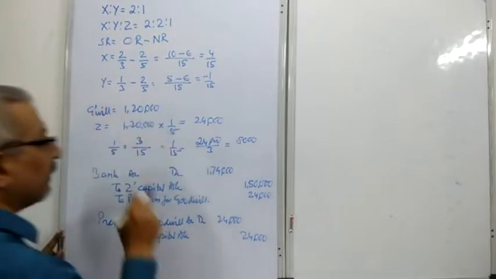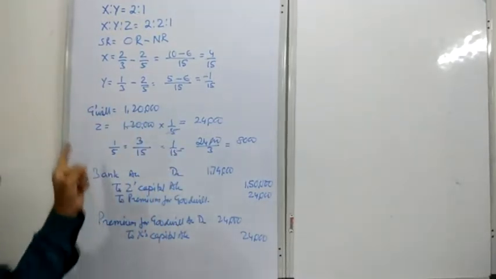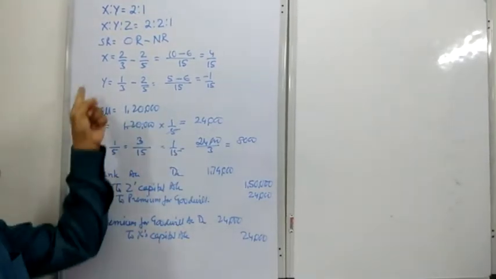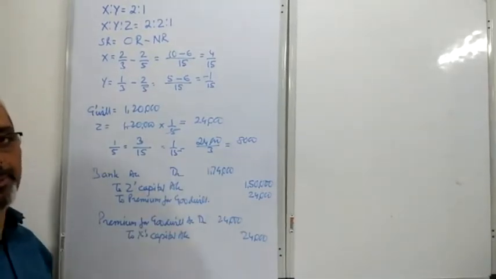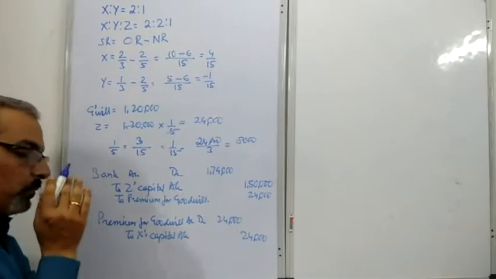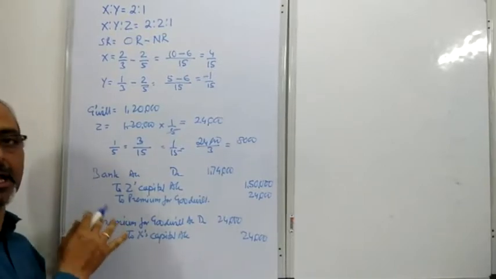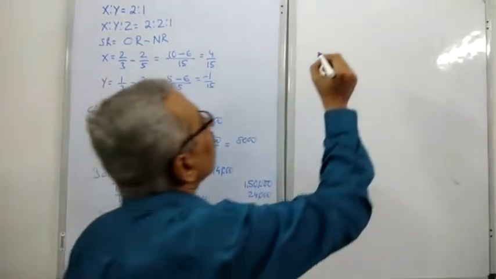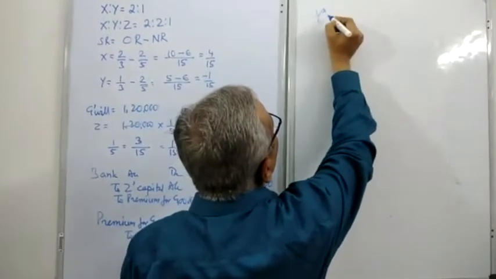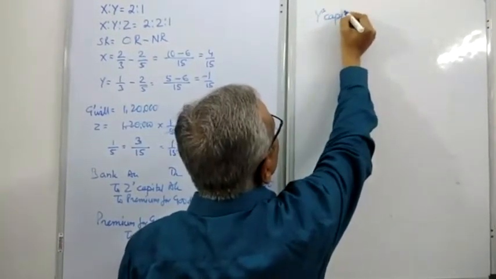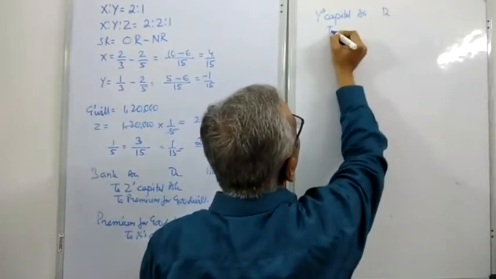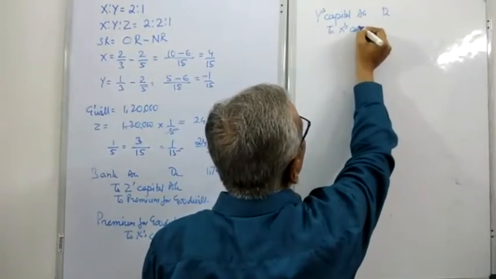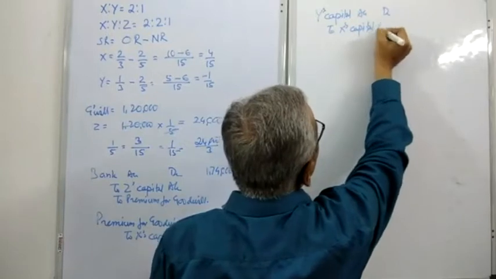and we have come to this information that due to the admission of Z, Y has also gained. So 8,000 will be adjusted in the capital account of Z, X and Y. So Y's capital account will be debited. So Y's capital account debit to X's capital account.